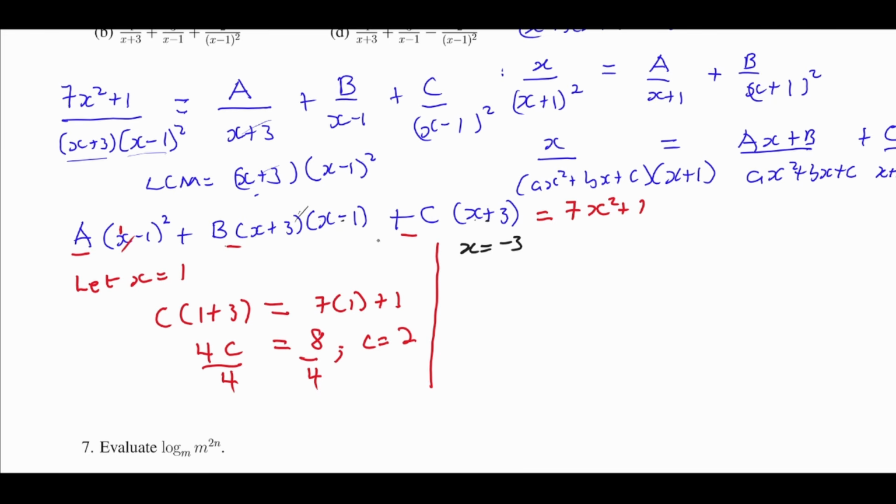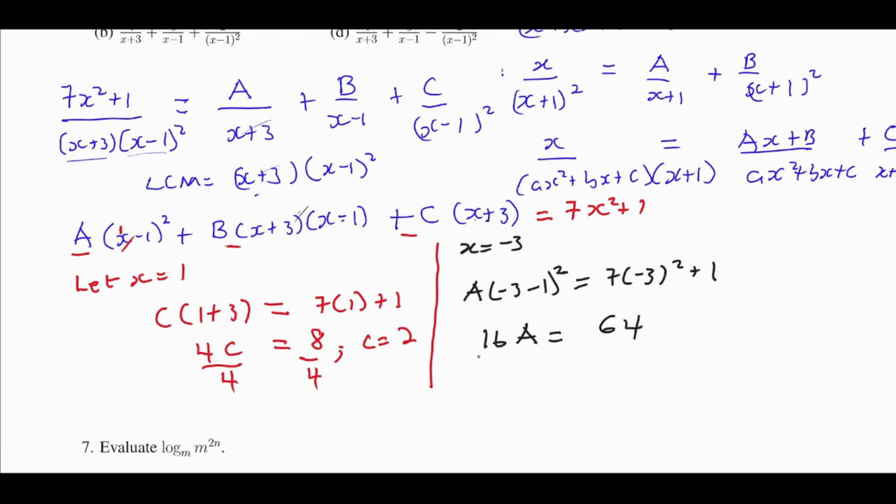Then we'll have A(-3 minus 1), and please don't forget there's a square here. If I square that, I'll have (-4) squared, which will give us 16A. That will be equal to 7 times ((-3) squared plus 1). When I square -3, I'll have 9. 9 times 7 will be 63, plus 1, that will be 64.